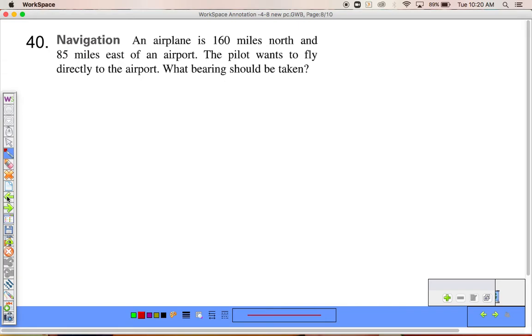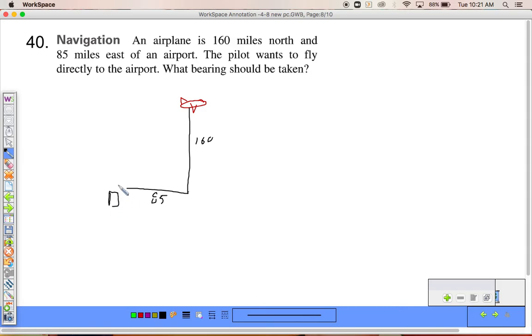All right, so I'm going to draw an airplane. Here's my wonderful airplane. I minored in art in college, as you can tell. So this airplane is 160 miles north and 85 miles east of our airport.